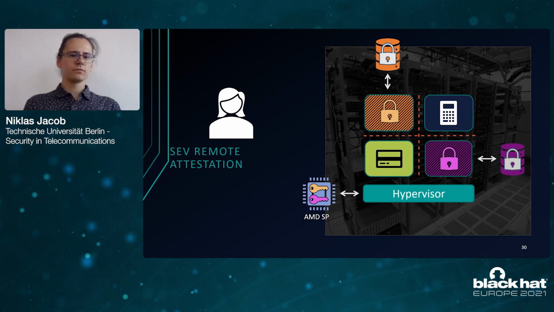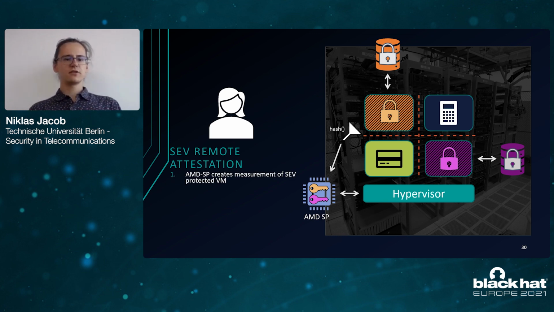The system works as follows. The AMD SP will first set up the VM and then generate a measurement of the whole setup that includes, for example, a hash of the contents of each page, and also includes whether or not the VM is debuggable, and a lot more information.